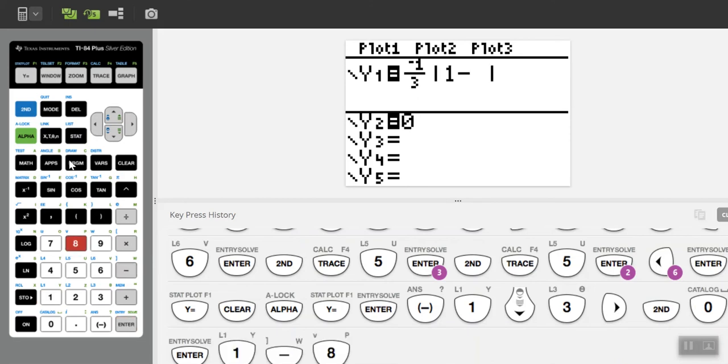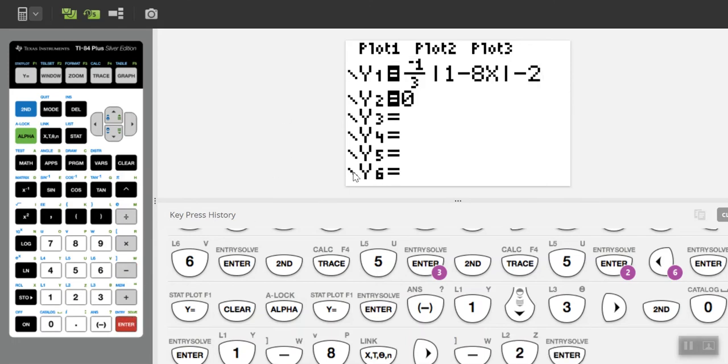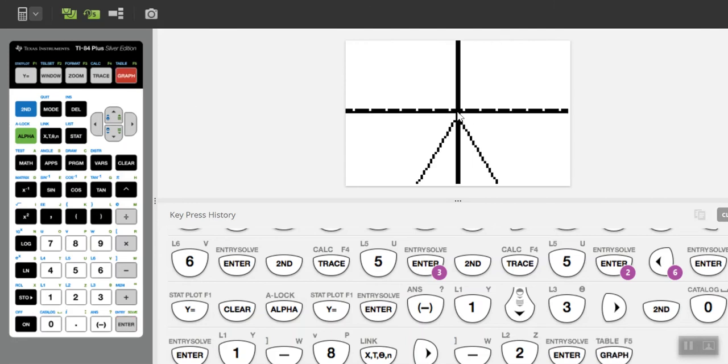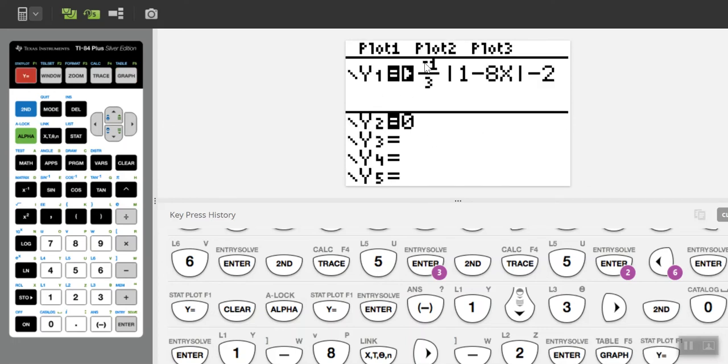That was inside, and then it equaled 2, so I have to subtract that 2 across, so I get 0 on the right side. And then there's my y equals 0. So I can go ahead and hit graph. Well, look what happens. This V opens down, and the reason it opens down is because you have a negative out front here.